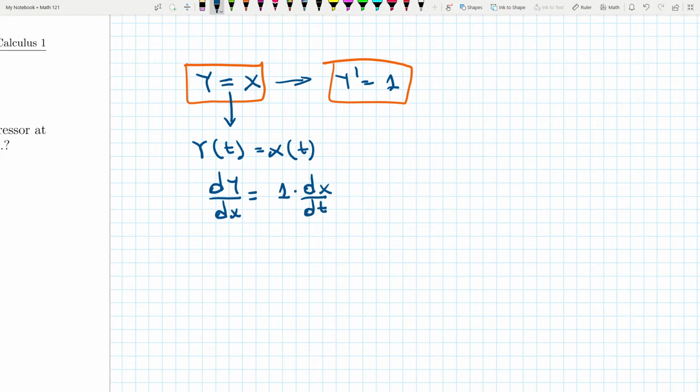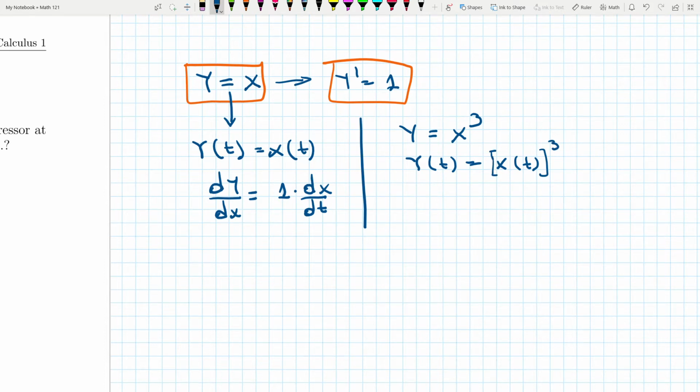All right, so as another example, let's say y equals x cubed. The derivative of y, let's introduce this variable right here, equals x, which depends on t, but this is cubed.